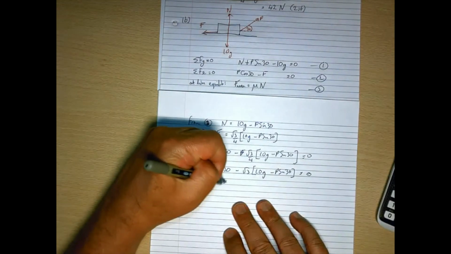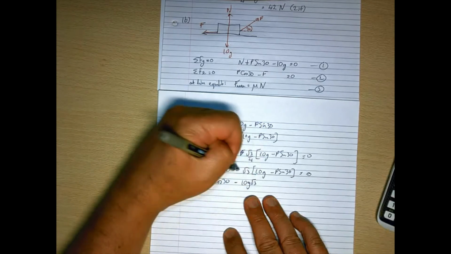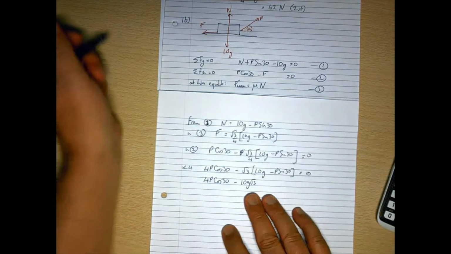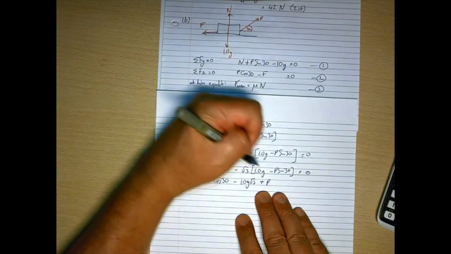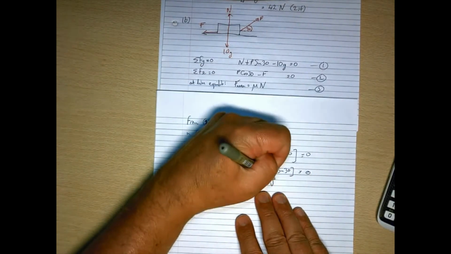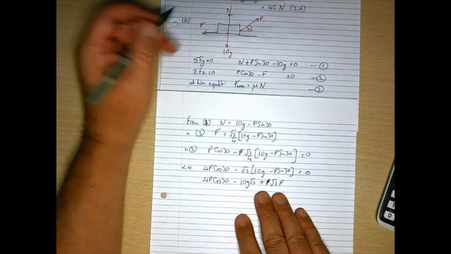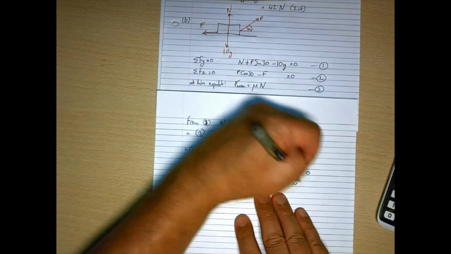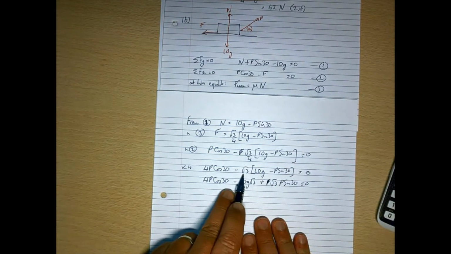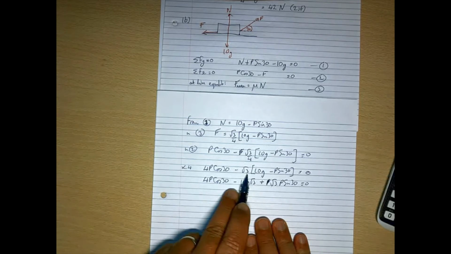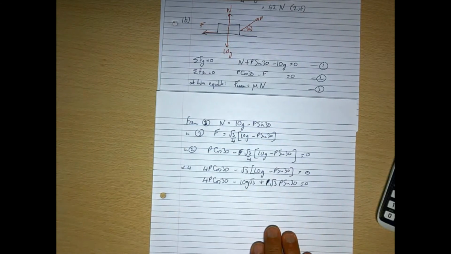Now get rid of the rest of the bracket. So that times that is 10g root 3, minus times a minus is a plus root 3 P sine 30 equals 0. I've expanded that by multiplying in the minus root 3, so that becomes a plus. There you go.